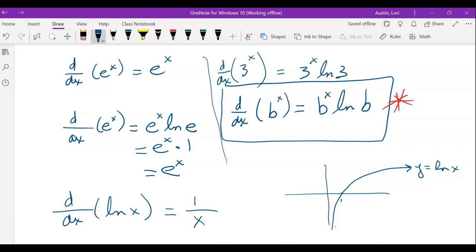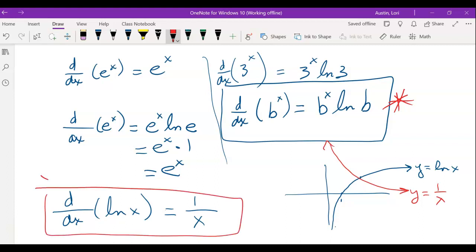At e, which is about 2.718. So right around here somewhere. So your graph is kind of that. There's your derivative for your natural log graph. It's never going to touch 0, and it ends up being the graph of 1/x. So just some things to play around with. But that is just another one I want you to memorize.